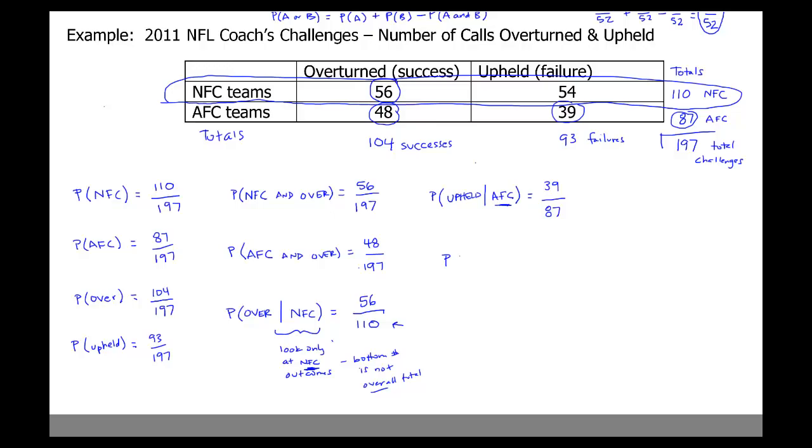So let's do one with the addition rule. What's the probability of an NFC team throwing a challenge flag or a call being overturned? Okay. So we have or, which means we can use our addition rule. So we're going to do the probability of NFC plus probability of overturned minus the probability of both of those, the and part.